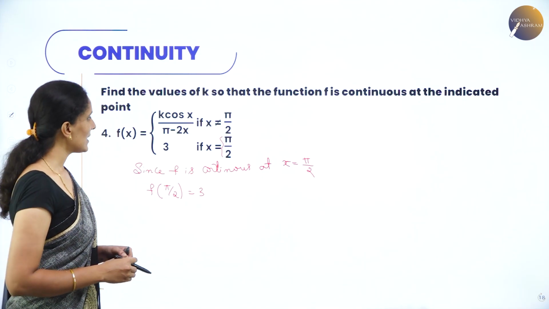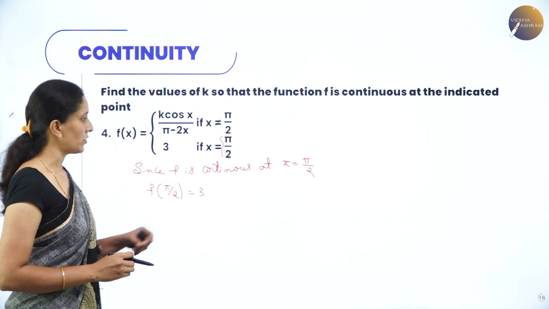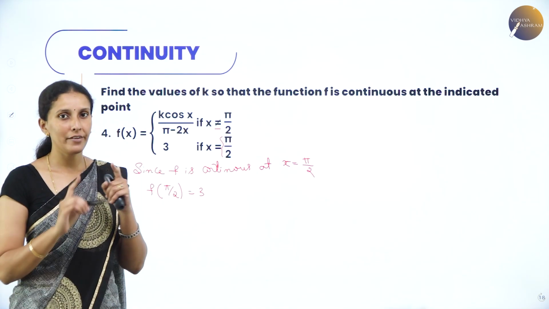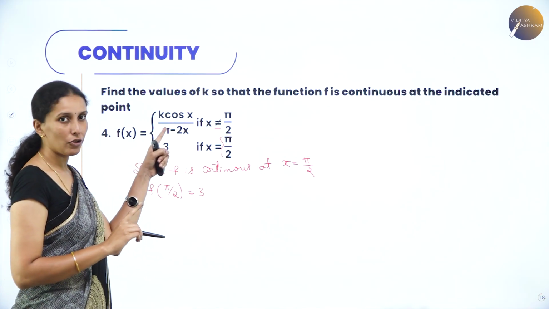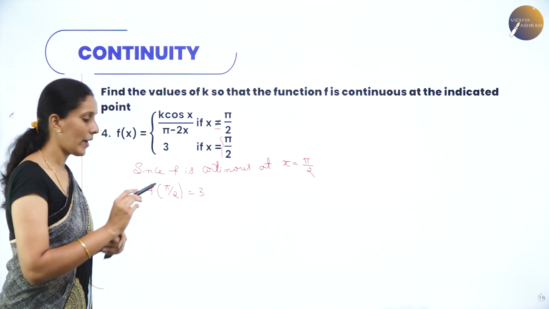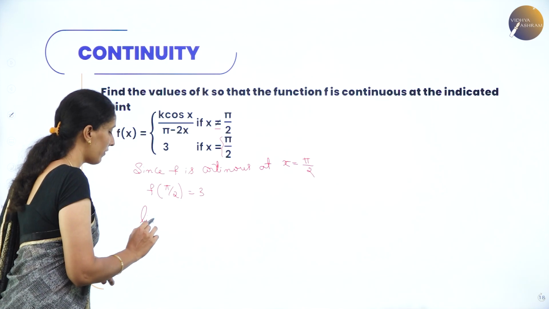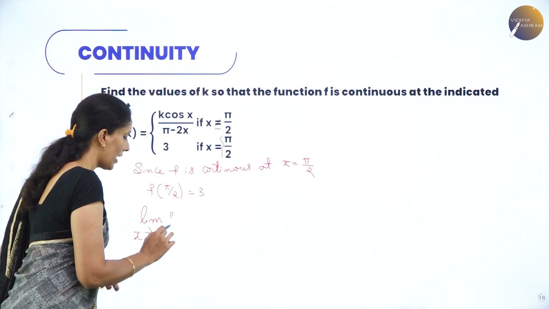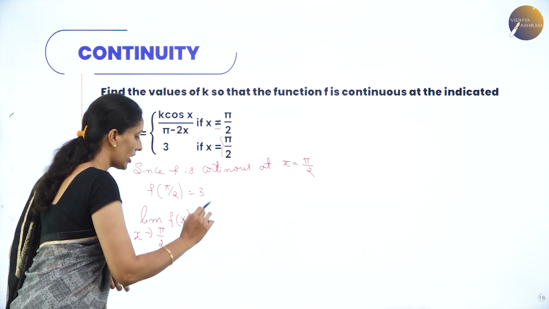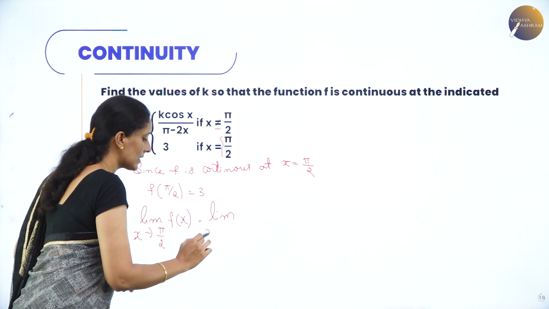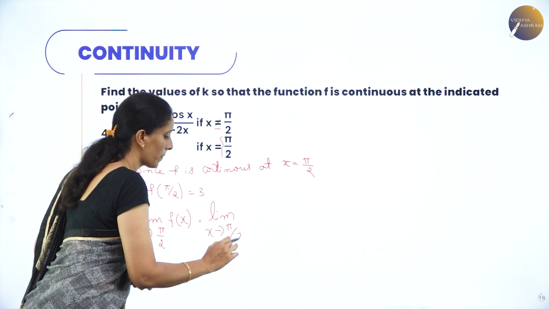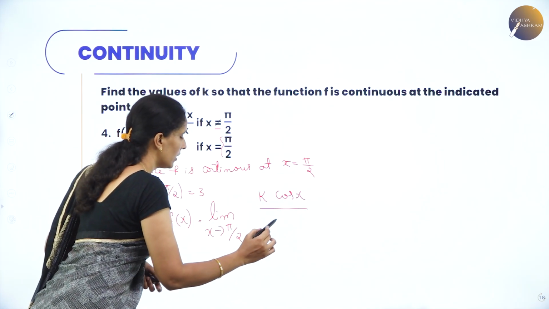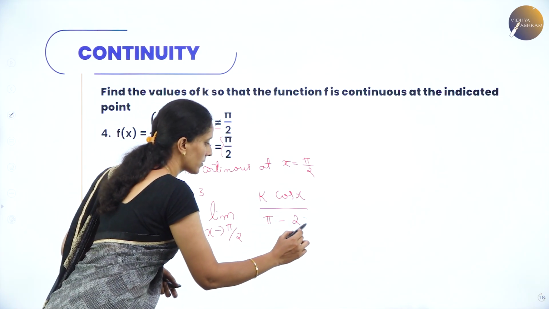So now let us find the limit of the function. Whenever the function is given in this form with x not equal to, both LHL and RHL have the same value here. So just find the limit of the function. Therefore, the limit of f of x as x tends to pi by 2 can be taken as the limit as x tends to pi by 2 of k cos x divided by pi minus 2x.